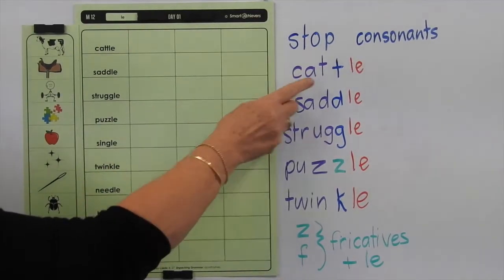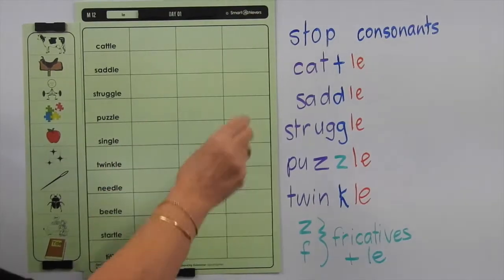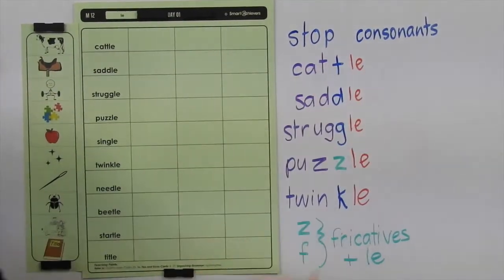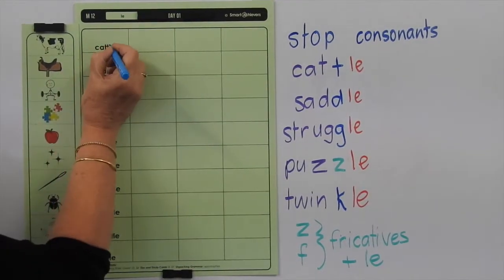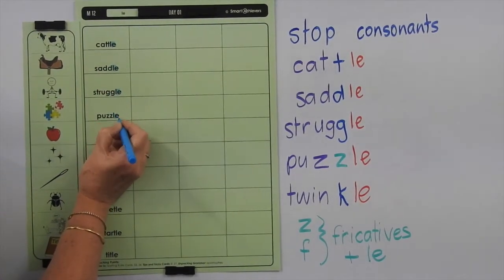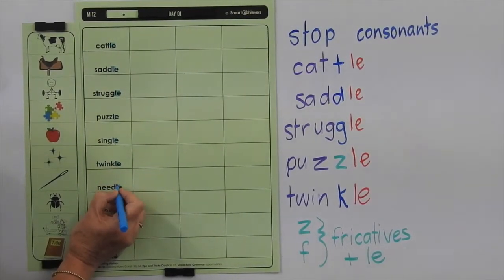So in these words here, if we have a stop consonant, which means they stop as soon as you say them, the T, D, G, K, then we always put LE after a stop consonant. So if we have a look at these words, we can go through and colour in the LE at the end of all of these words, whether they're stop consonants or fricatives, before the LE.